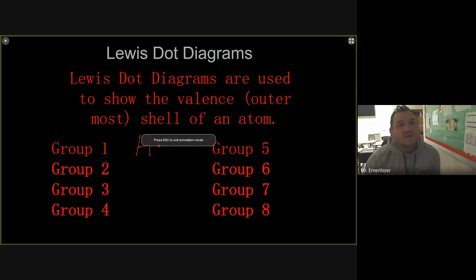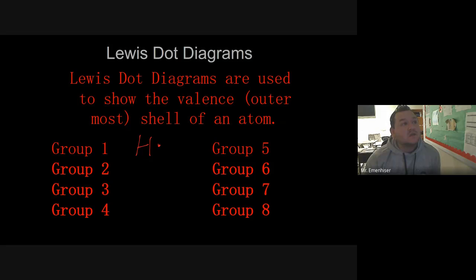And let me double check and make sure that I'm presenting the right screen. Okay, this looks good. And then group 2, let's say magnesium, will have 2 dots. And where you put those dots doesn't matter, but I try to show them separated out because they repel each other. They don't like each other, so they're going to stay far apart. Third one would be aluminum. That's group 3. Remember on the periodic table it says group 13, but keep in mind that it's just group 3. Okay, so it's got 3 valence electrons.